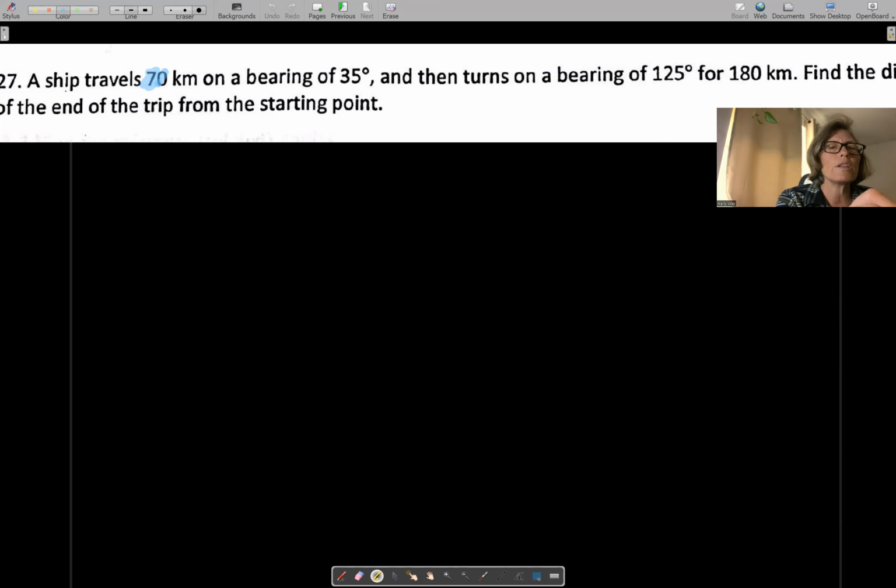We have it traveling 70 kilometers on a bearing of 35 degrees, and it turns on a bearing of 125 for 180 kilometers. Find the distance from the end to the start.